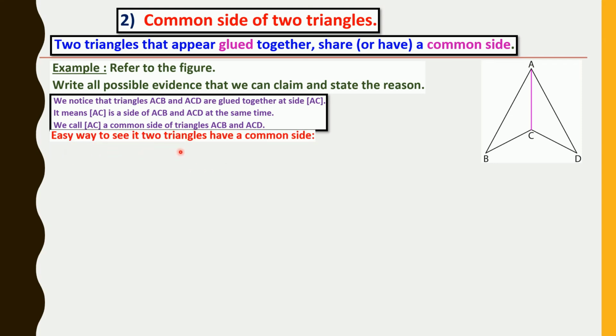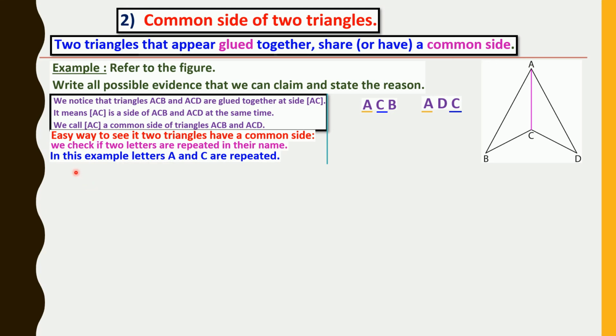Easy way to see if two triangles have a common side. First, we write the name of the two triangles. We check if two letters are repeated in their name. We notice that letter A is repeated. This is the first letter. And letter C also is repeated. In this example, letters A and C are repeated. The order doesn't matter.